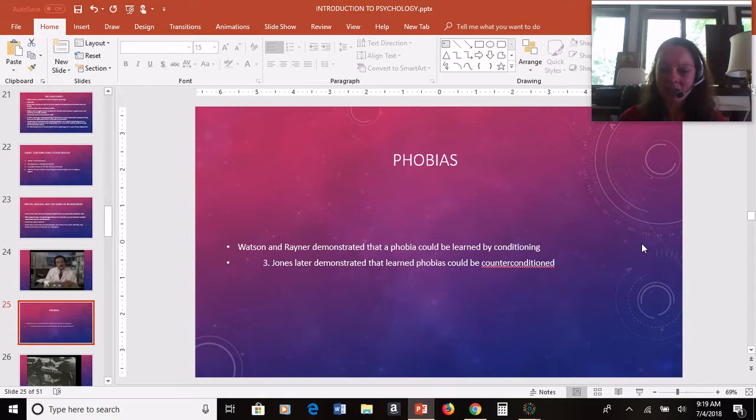Watson actually got out of psychology and went into the field of advertising, and that's interesting to note too, because a lot of the way society commercializes and advertises to us is extremely psychological. So we see that psychology influences our everyday lives in many ways that we might not be aware of.